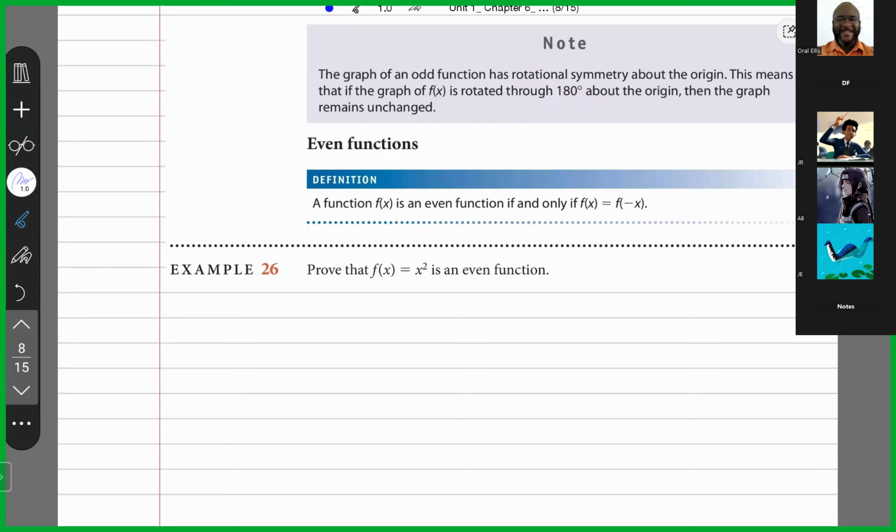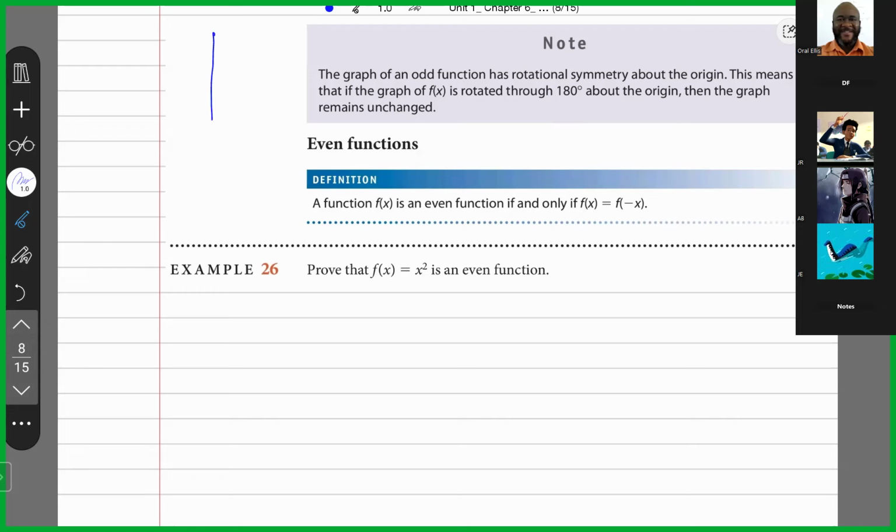And this note is telling us that an odd function has rotational symmetry about the origin. This means that if the graph of f of x is rotated through 180 degrees about the origin, then the graph remains unchanged.